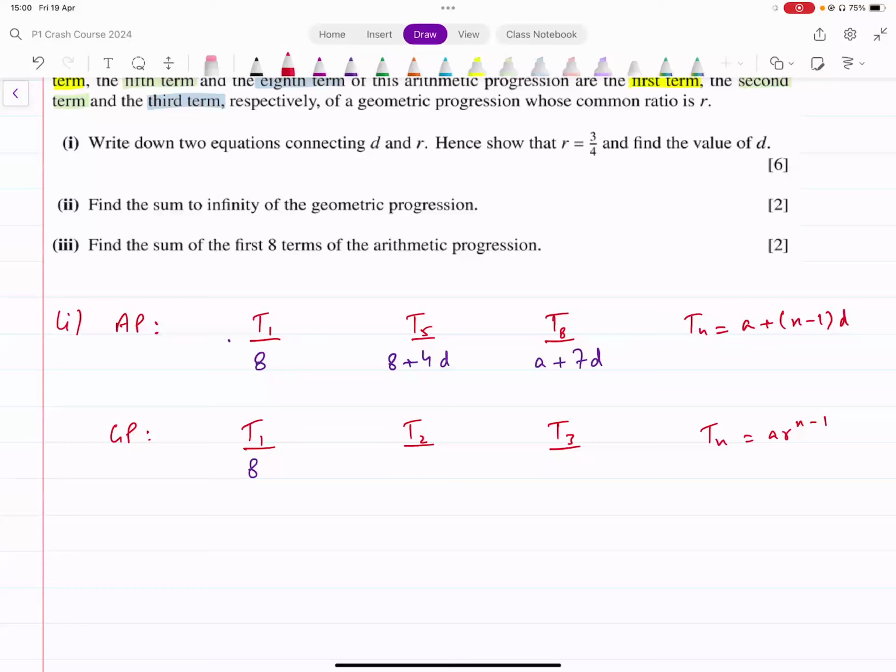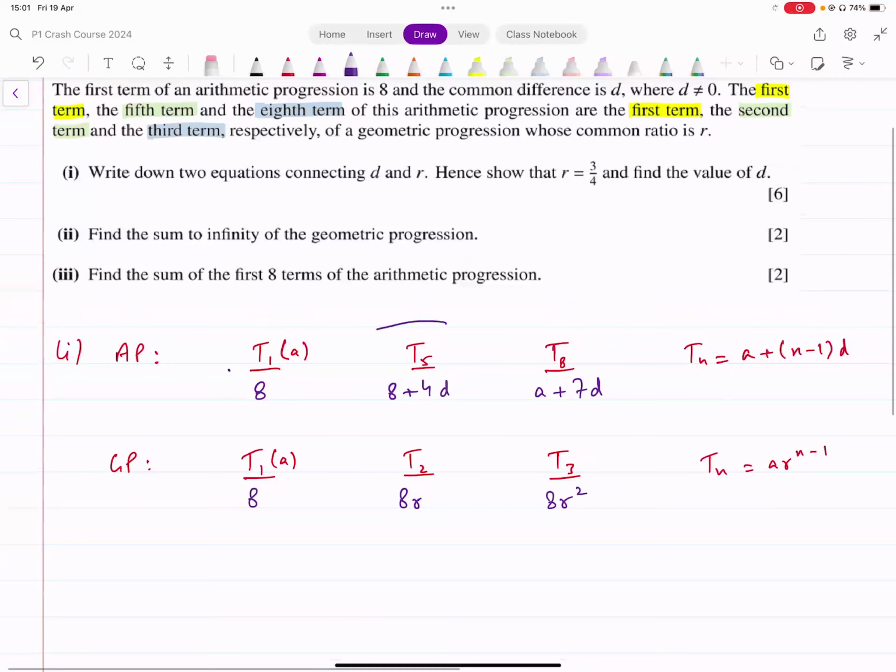So remember, T1 is basically a, which is 8. What about the second term? a into r raised to power n minus 1. That means 8r raised to power 2 minus 1, which is just 8r. What about T3? 8r raised to power 3 minus 1, which is 8r squared. These are the first three terms of the GP.